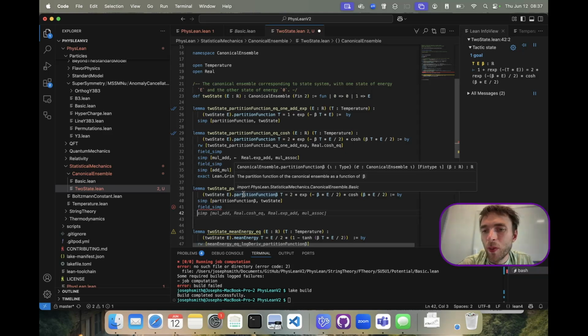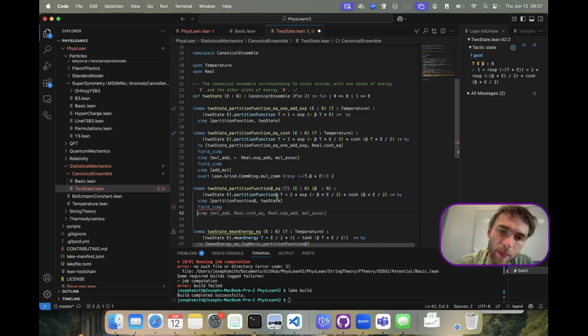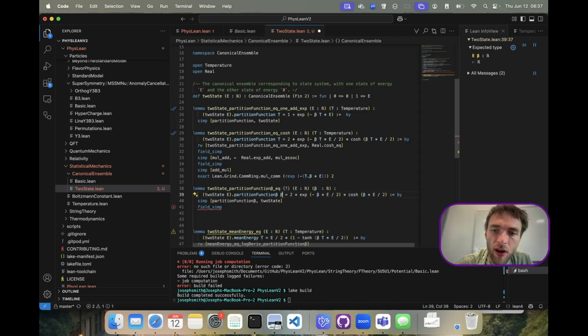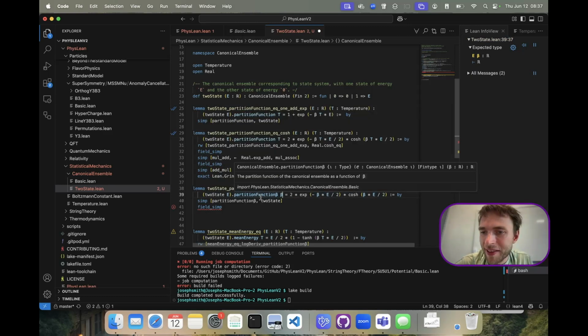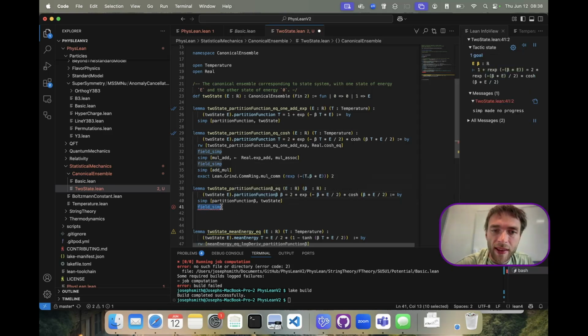So there's currently one way that works, which is that the partition function as a function of temperature is related to the partition function as a function of beta with the correct beta. The inverse way hasn't been done yet. So, I mean, that should be easy to do, but this should just be easy enough to prove anyway.